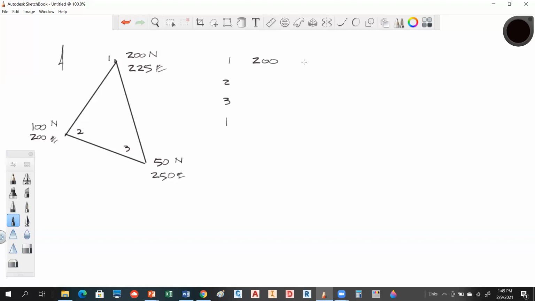So 2's northing is 100, and then that's 50. If I start at 200, I have to end at 200. So the eastings, we're going to have 225, 200, 220, 250, and then back to 225.